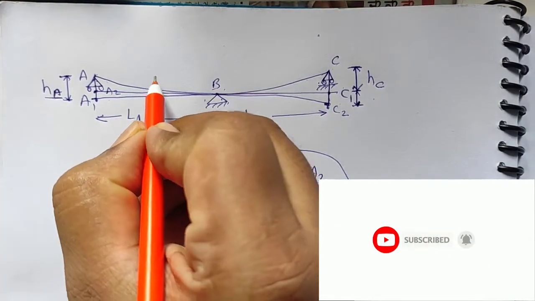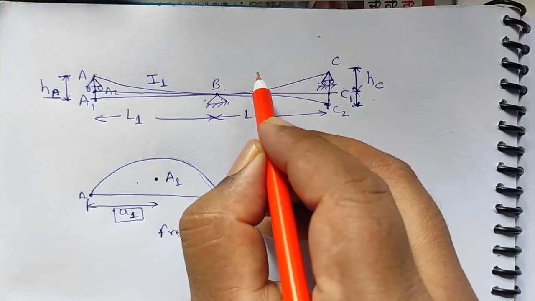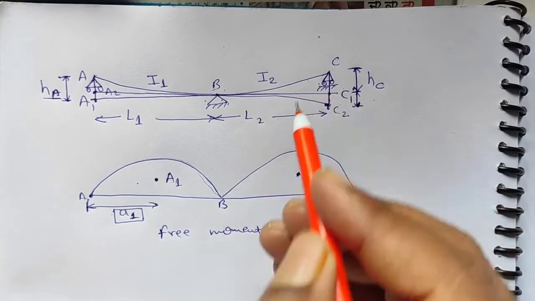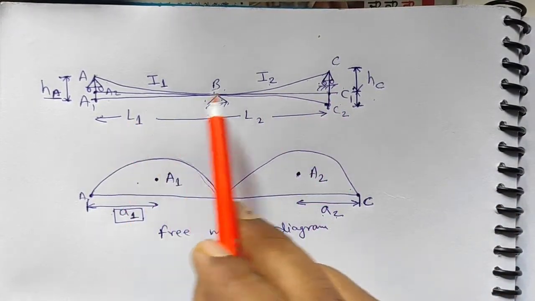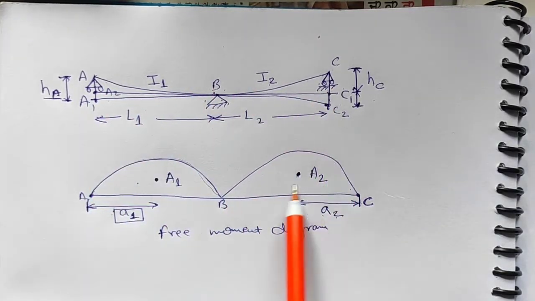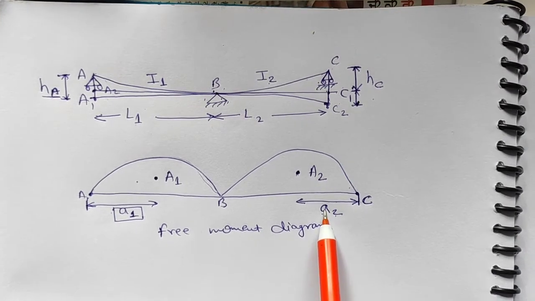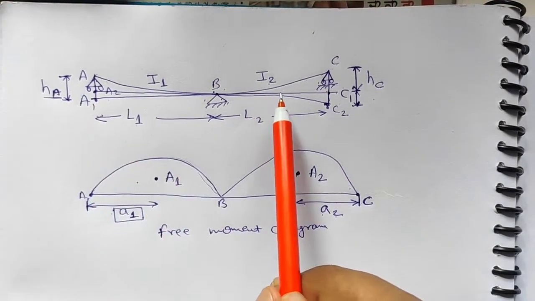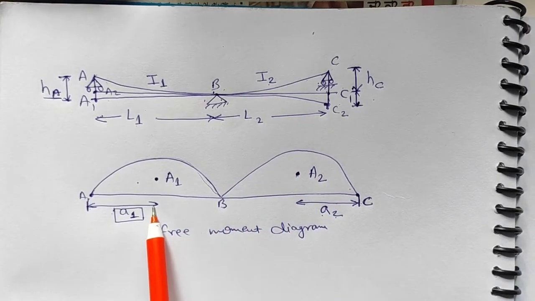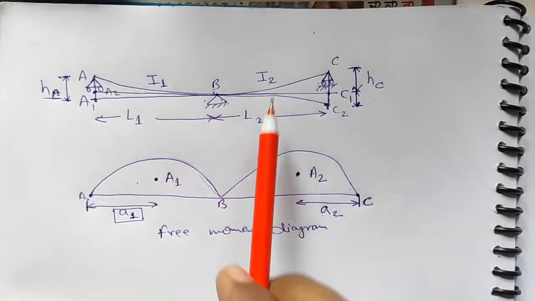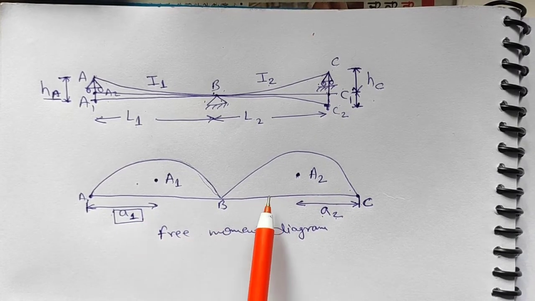Let the moment of inertia for the beam AB be I1 and the moment of inertia for the beam BC be I2. We are discussing this whole diagram along with its parts so that we can directly know the formula and its parts from this structure. If we understand this structure along with the free moment diagram, then we can simply evaluate the formula.